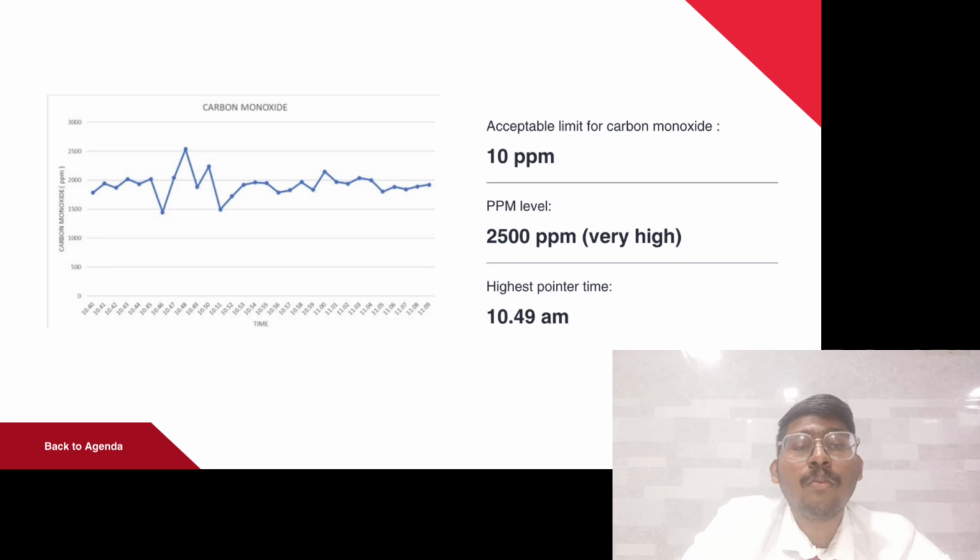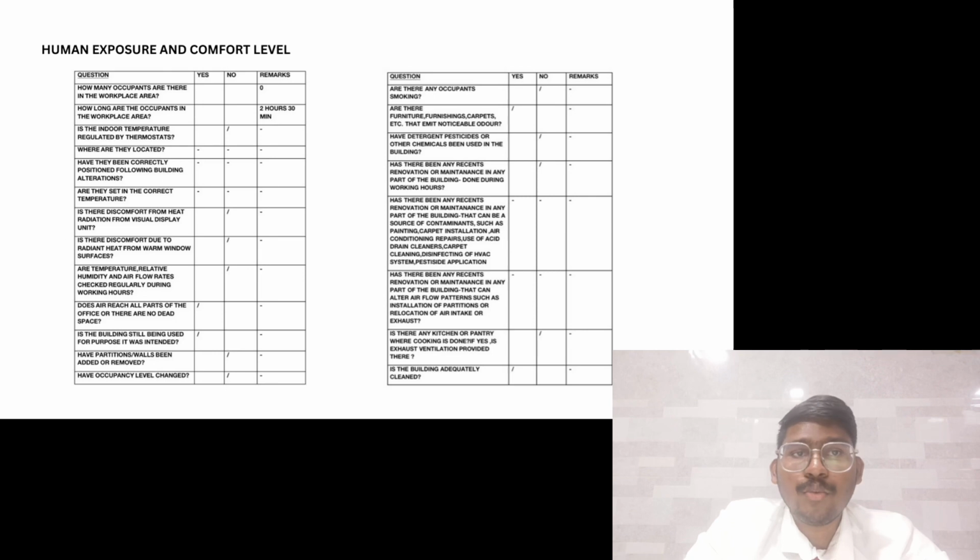But from the graph, we can see that the range is between 1500 to 2500 ppm. The highest ppm was at 10:49, that is 2500. This is very high.